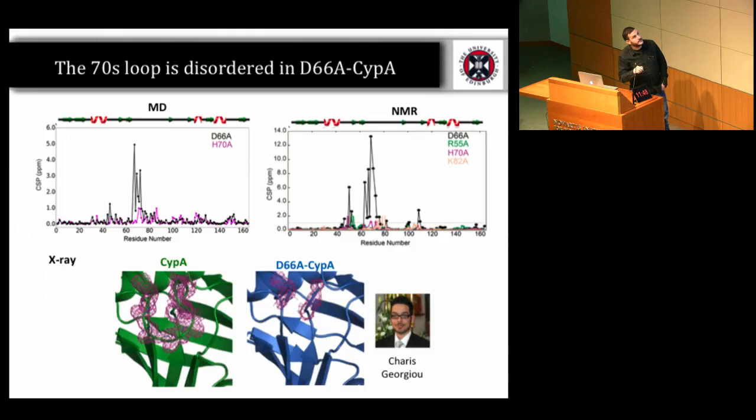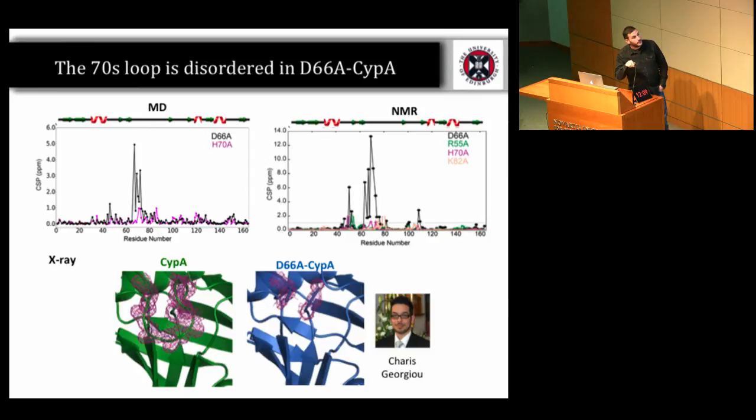This can also be seen here in the CSP plot, which is a quantification of these displacements in the HSQC. And I would like to point out also the qualitative agreement of the prediction from the MD and the actual NMR experiment in these quantities.